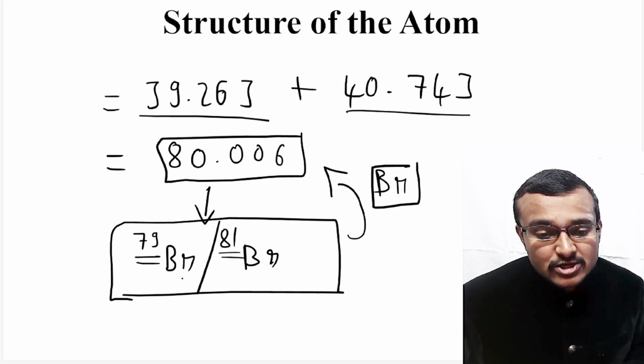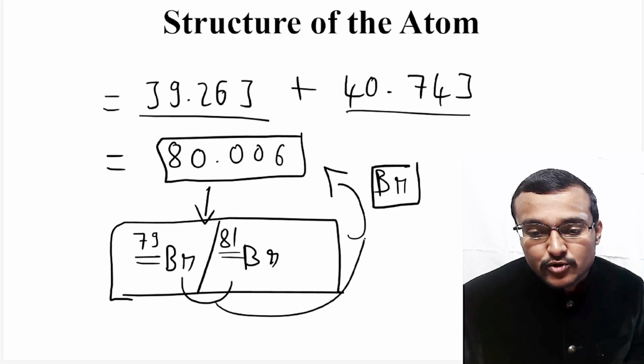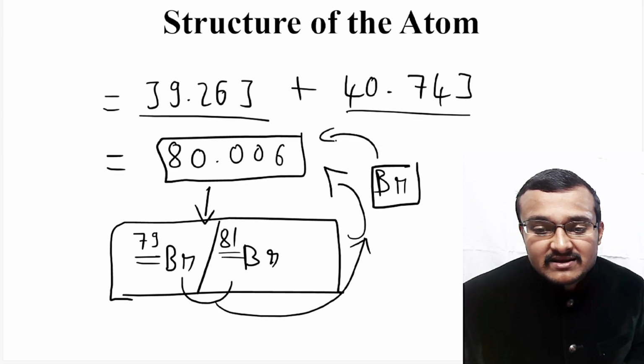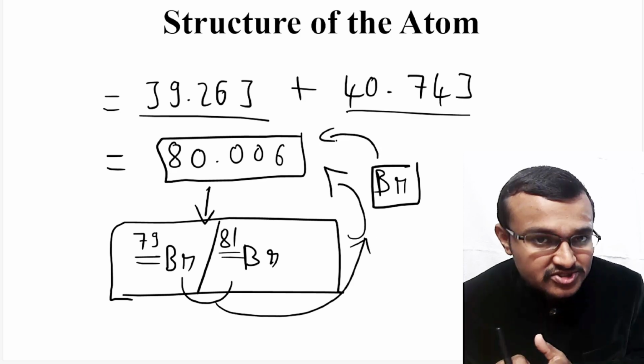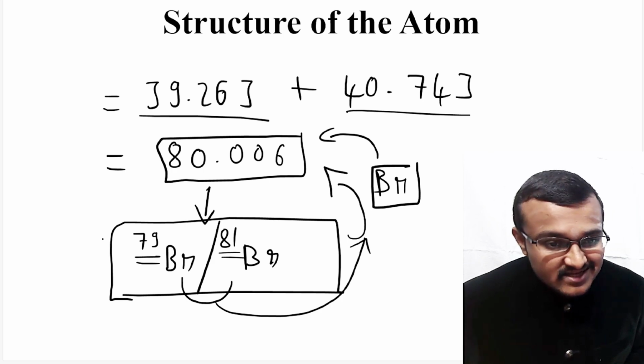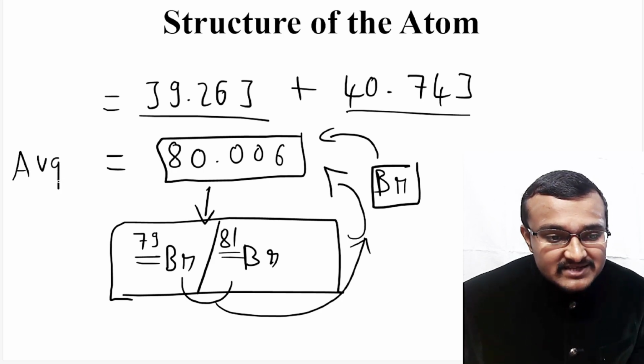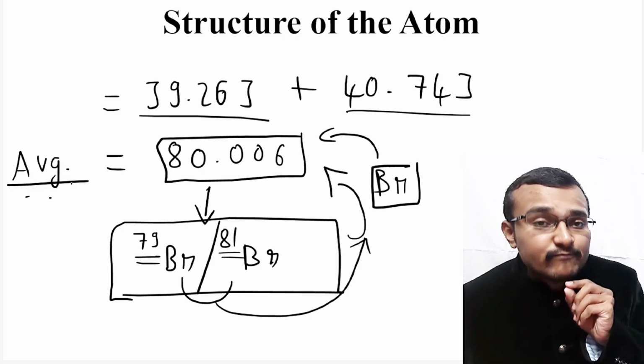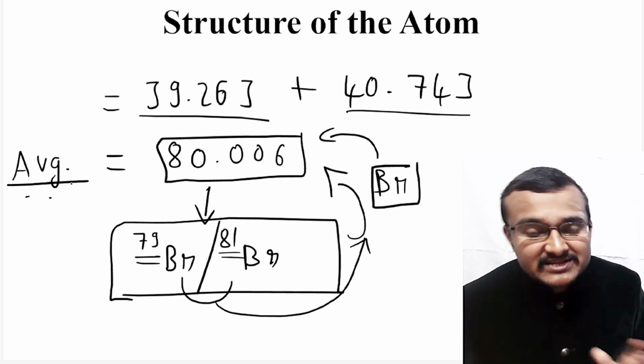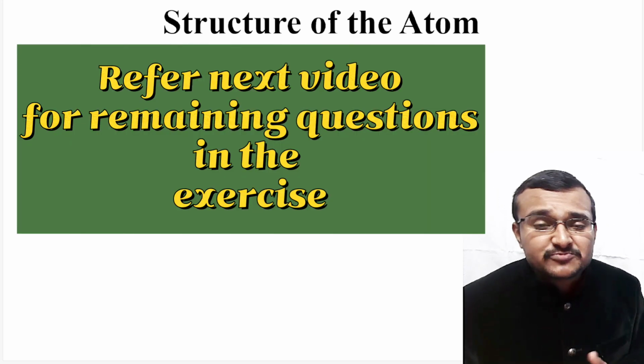So when you calculate the average atomic mass of both the isotopes of bromine, the answer you are getting here is 80.006. So this is all there in this particular video.